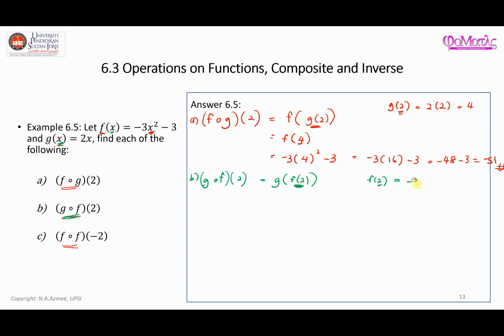So we get -3 times 2 squared minus 3, which is -3 times 4 minus 3, which is -12 minus 3, which is -15. Now -15 will be substituted into x in function g. That will be 2 times -15, and the answer is -30.